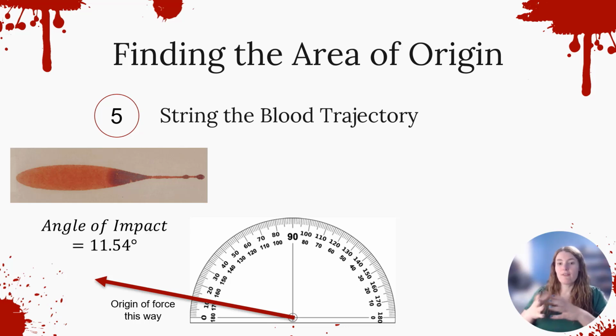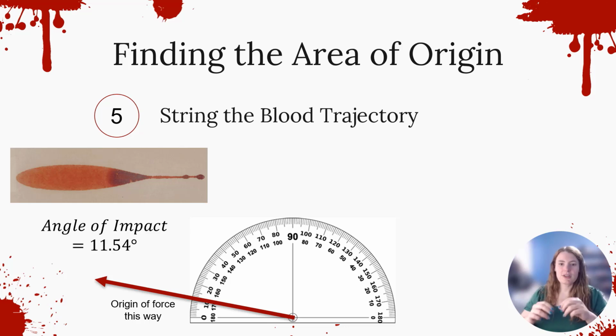If you're doing an area of origin though, which remember is the three-dimensional area of impact, you need to account for the angle of impact as well as the directionality. So instead of taping directly behind the tail end of the bloodstain, you're going to tape directly in front of the bloodstain, in front of the head. That way the string starts at the first location where the blood impacted the surface.